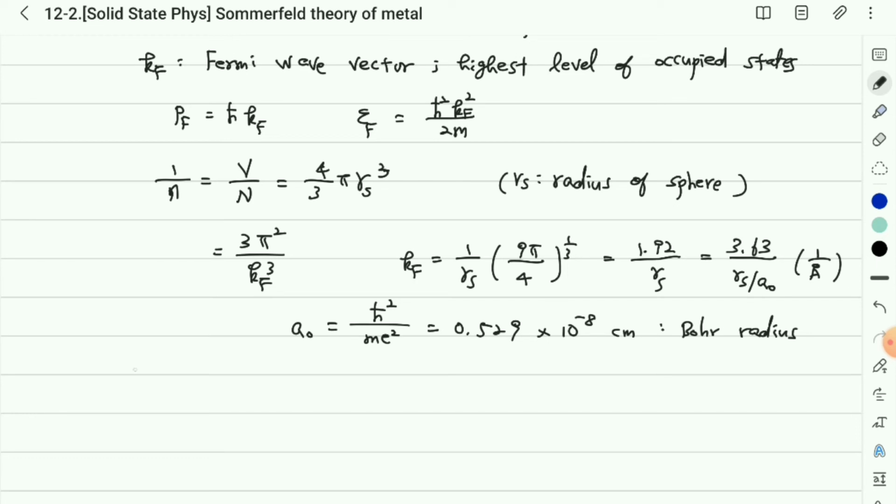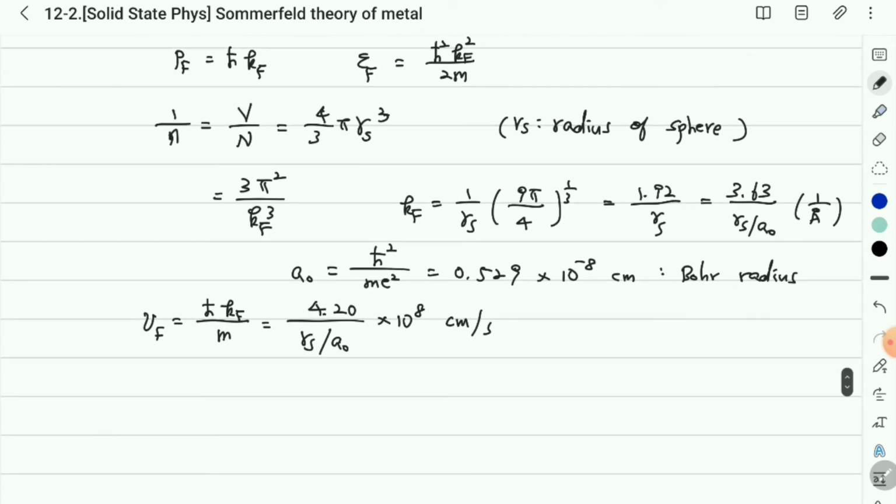Here vf is the Fermi velocity, h bar kf over m. When you calculate, it is 4.20 times 10 to the 8 over Rs over A0 centimeter per second.